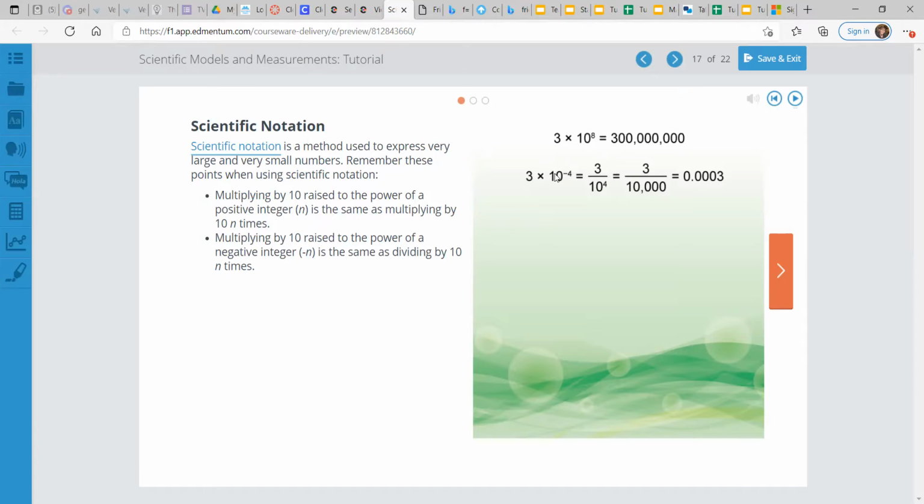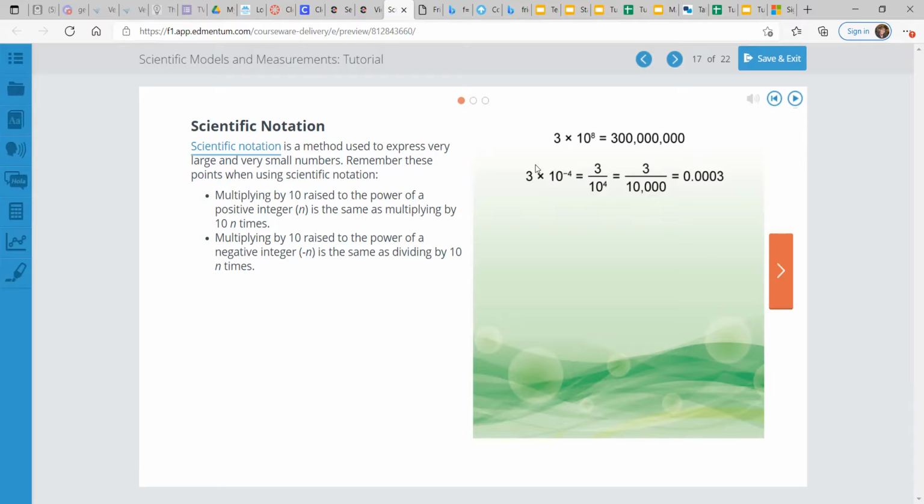And anytime it's 10 to the negative power, you're moving the decimal place to the left now. So if it's 10 to a positive number, you're moving the decimal point to the right. A negative number, you're moving it to the left.